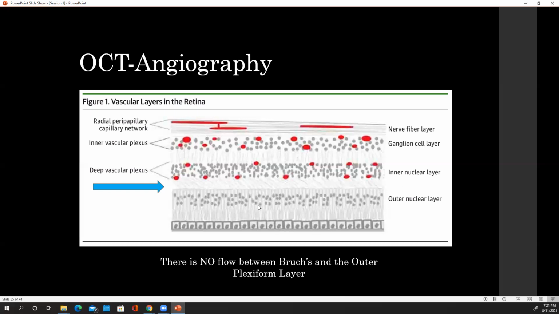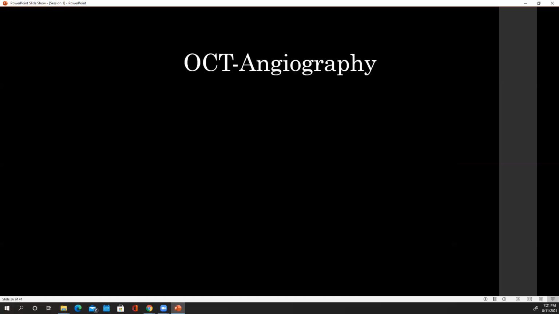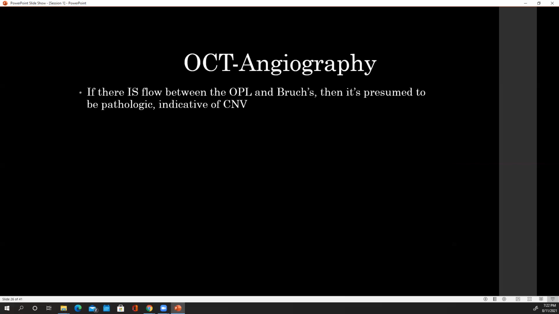But if I see flow, then I'm presuming, hey guys, is there CNV? Is there neovascularization? What's going on there? That's how we use this, okay? It's not perfect, but that's how we use it. So I say if there is flow between the outer plexiform layer and Bruch's, then it's presumed to be pathologic and we think indicative of CNV. Of course, the limitations, as I've said, are that it's constrained to the optic nerve and macula.